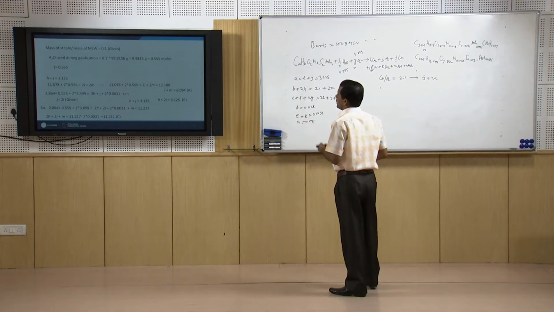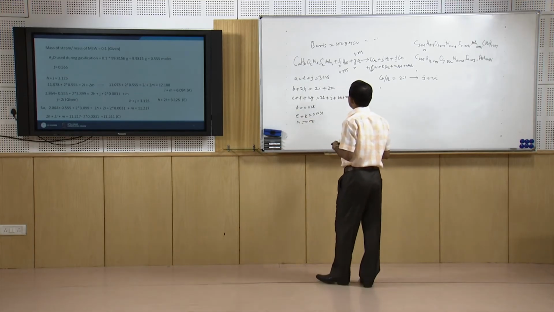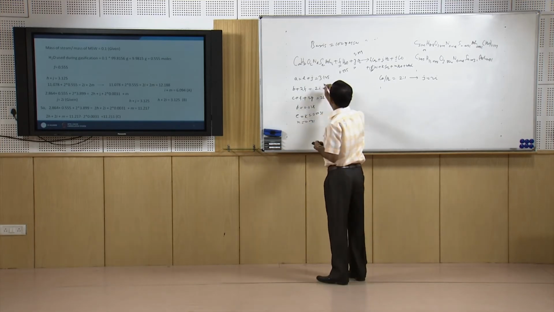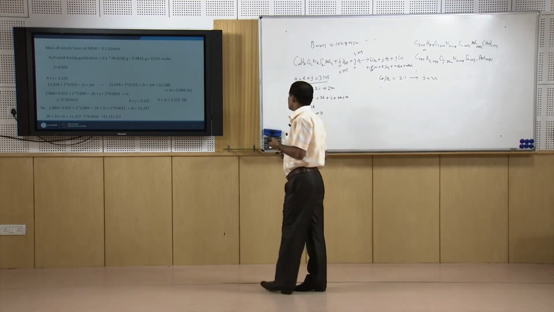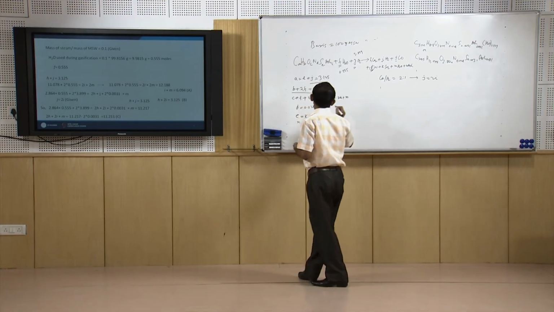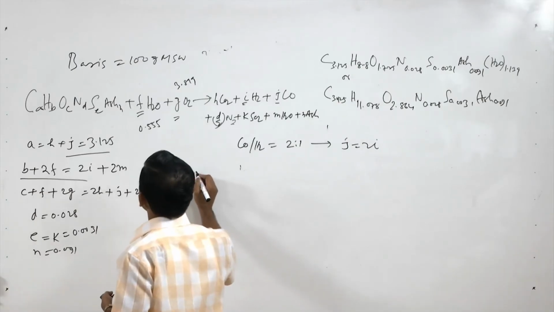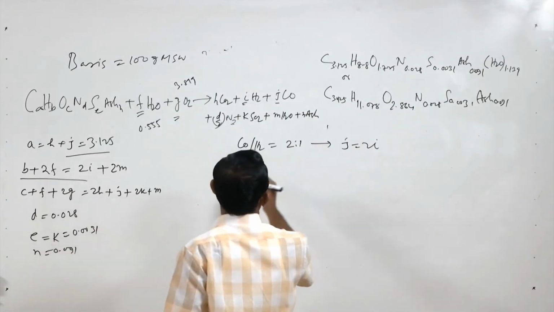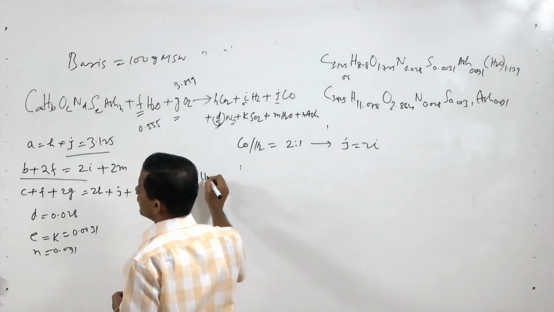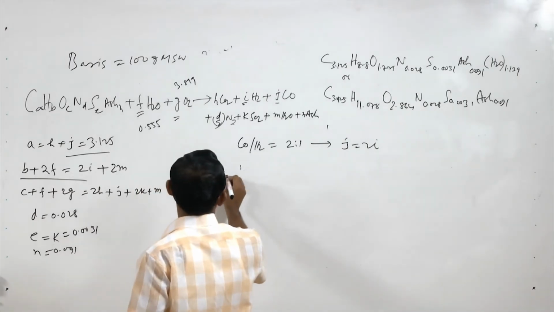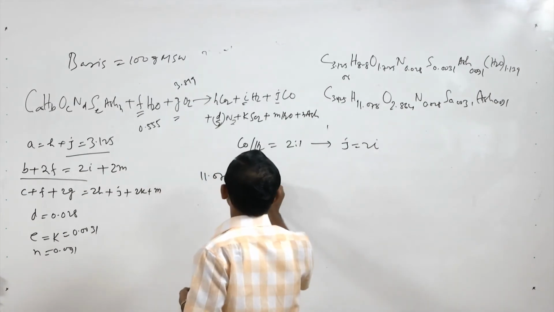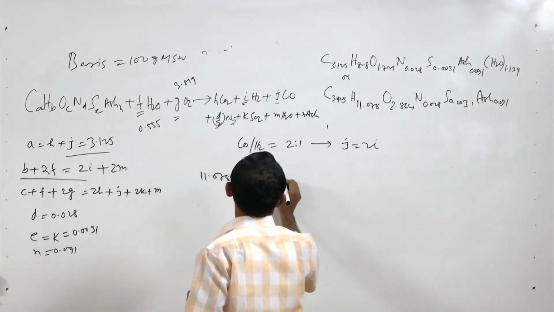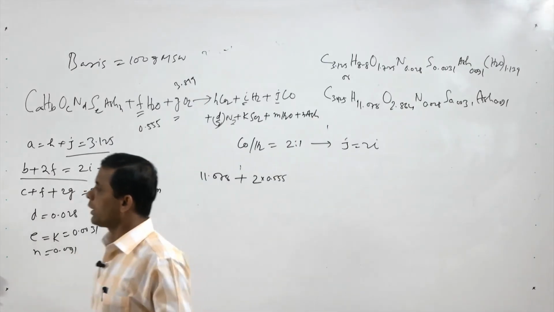So, here we see H plus J is equal to 3.125 and we have got B plus 2F equal to this. So, B is equal to 11.078. So, B plus 2 into F, F equal to 0.555, these 2 we are getting.